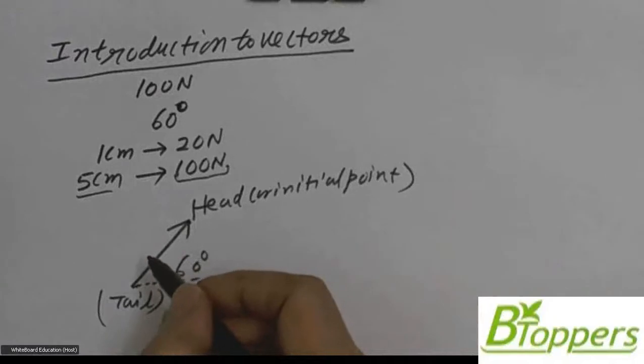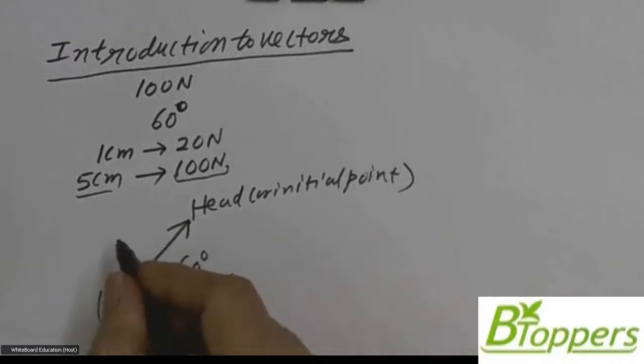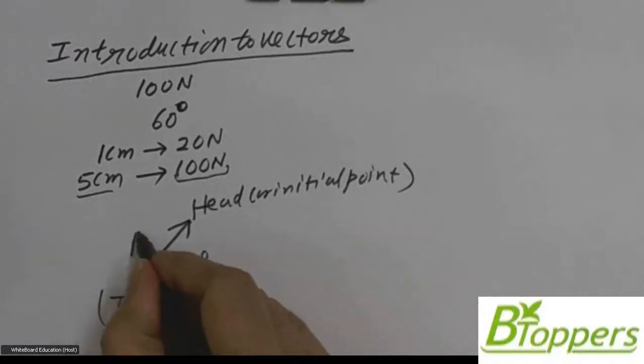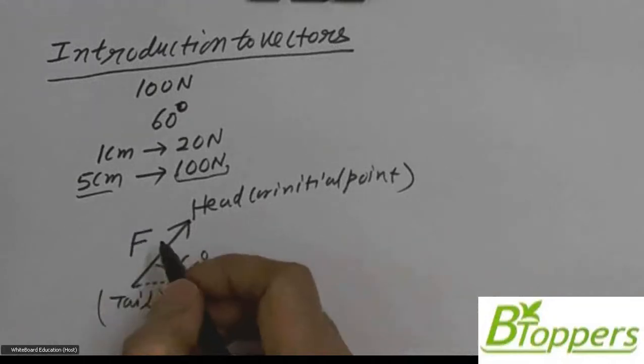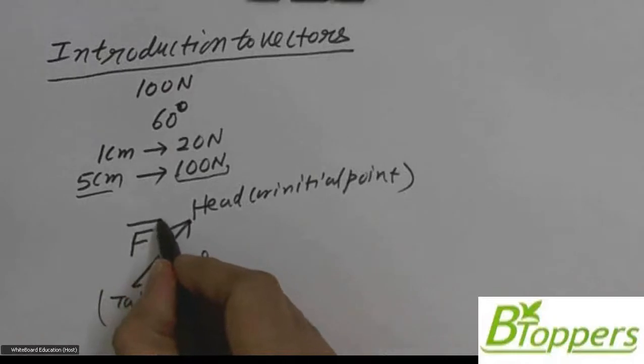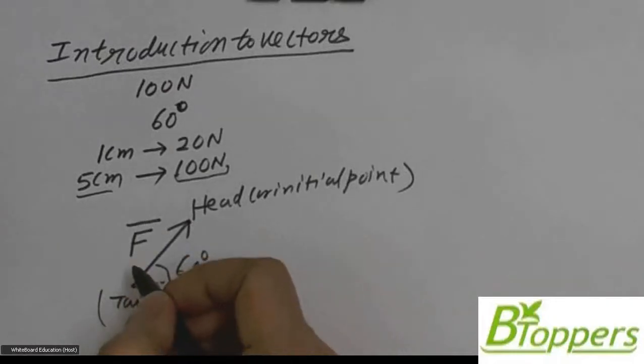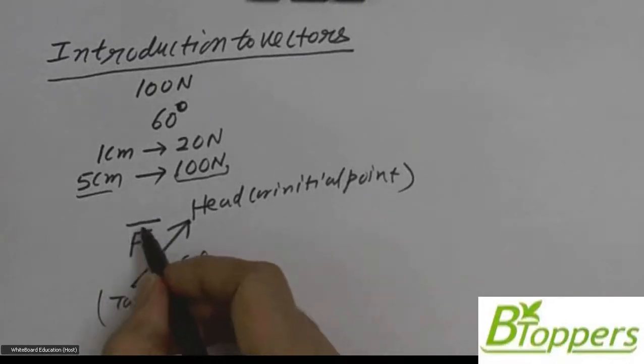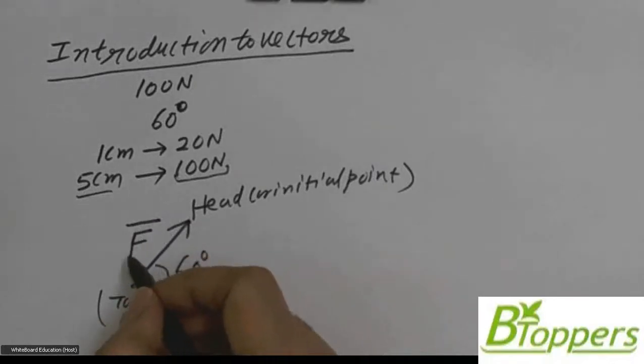Mathematically, a vector is represented by using an alphabet with a small line above that letter. So mathematically, a vector is represented by using a letter with a small line above it, which we read as bar. So this we read as F bar.